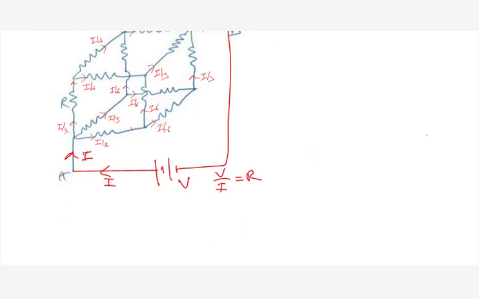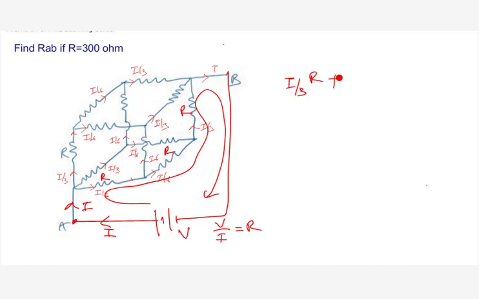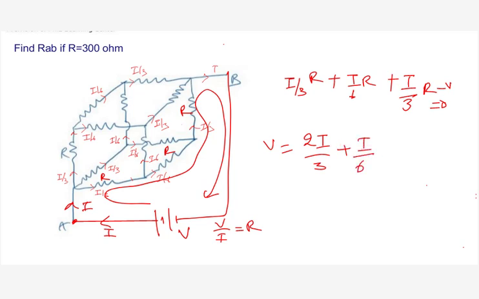These resistances are all R. So I by 3 R voltage drop plus I by 6 R plus I by 3 R, minus V is equal to 0, or V is equal to I by 3 plus I by 3, which is 2I by 3, plus I by 6, into R. If I take V by I common, it will be R into, taking 6 as LCM, 4 plus 1, 5 by 6 R. So R equivalent is nothing but 5 by 6 R.